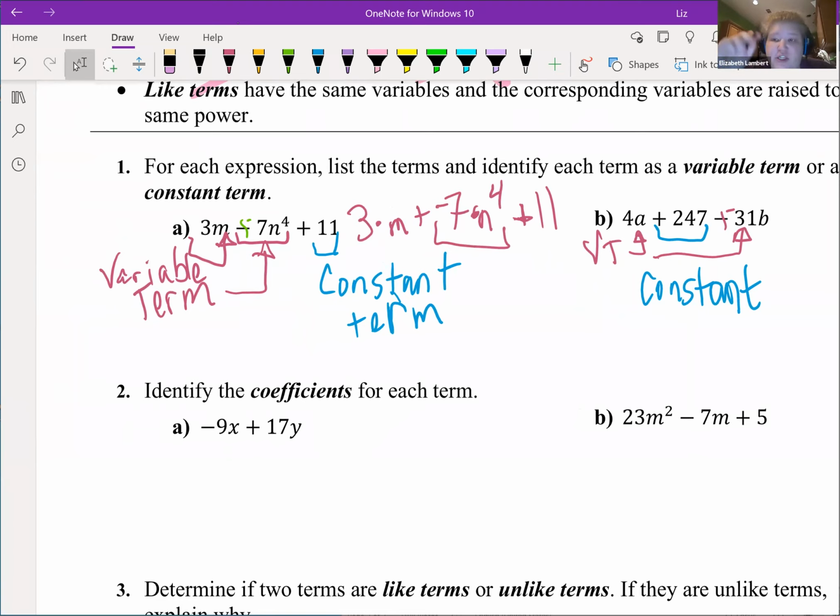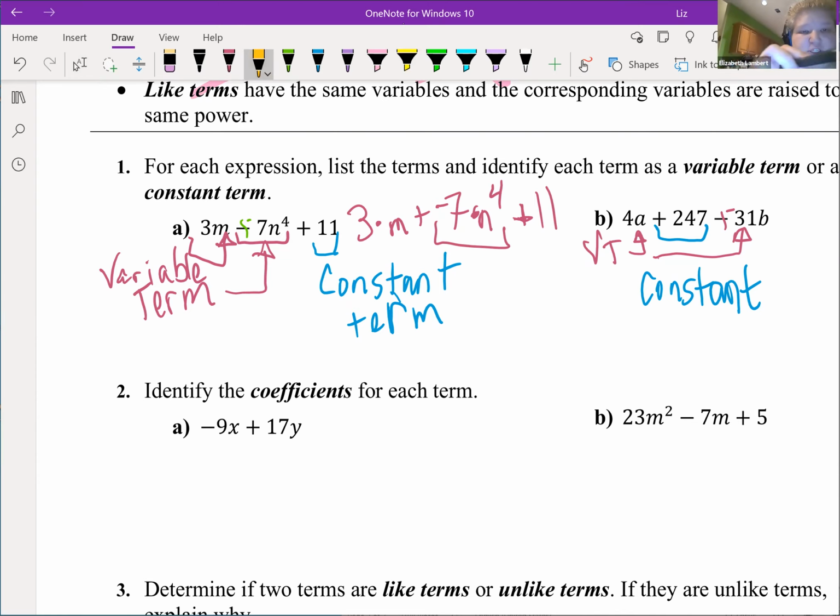Now, the coefficients, this is where that negative comes into play. If there's subtraction, then that minus sign gets attached to the second number because subtraction is adding the opposite. So you change it to adding, but the opposite always goes, well, sorry, whichever way it is. It always goes to the right. So here, negative 9x plus 17y.